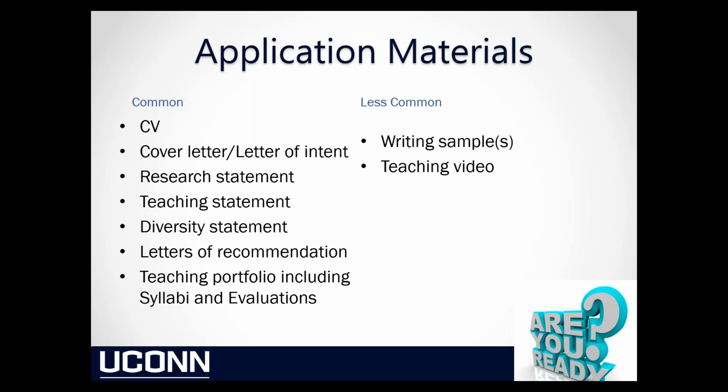Less common, we have writing samples and a teaching video. We also sometimes see a research budget being requested, which is different than a research statement. A research budget should actually be a budget in terms of the costs involved with your research, lab equipment, and lab setup, and so forth.